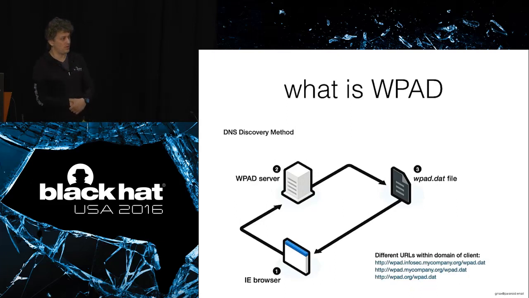But the problem with this protocol is that it looks for the settings from the top down. So in case we make the request wpad.munich.bavaria.trendnet.org, the next level, if the DNS is not resolved, will be wpad.bavaria.trendnet.org. Next step, if the DNS is not resolved, it goes even lower, like wpad.trendnet.org.